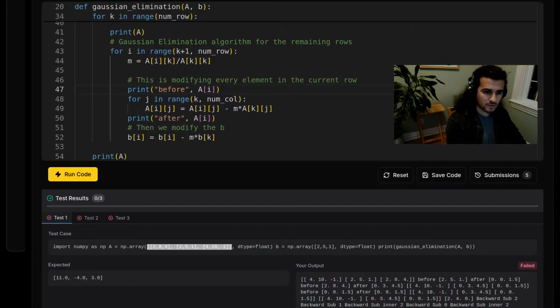So the system of linear equations, A is this, and B is that. Just double checking. I'm not saying that I'm not correct, I'm literally just double checking.